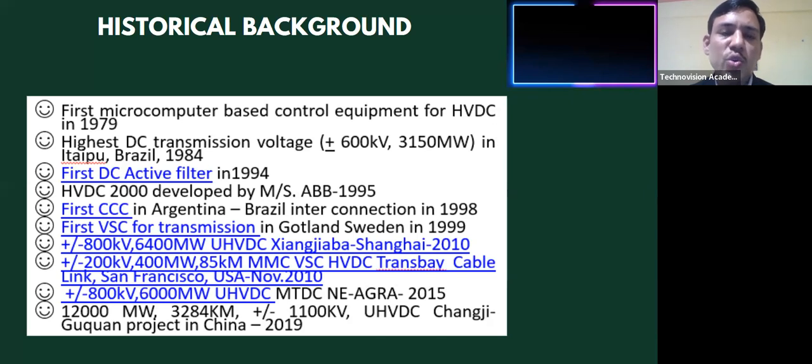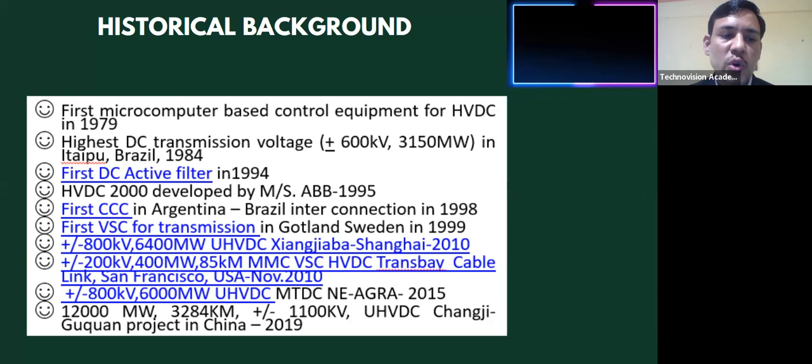And the new technology which has changed the world of HVDC systems was introduced in 1999. It was used in the Gotland VSC project. In 2010, ultra high voltage DC was used in China, plus minus 800 kV, 6,400 megawatt.